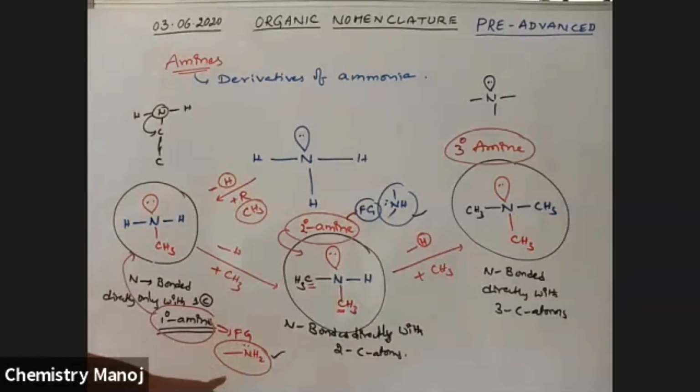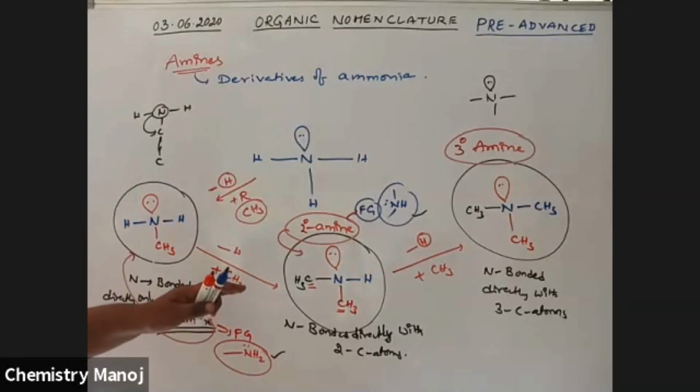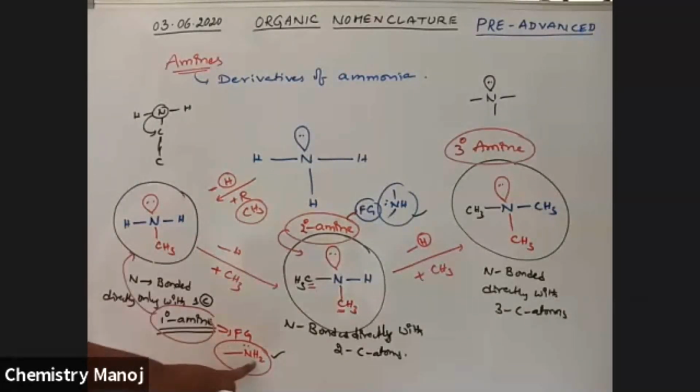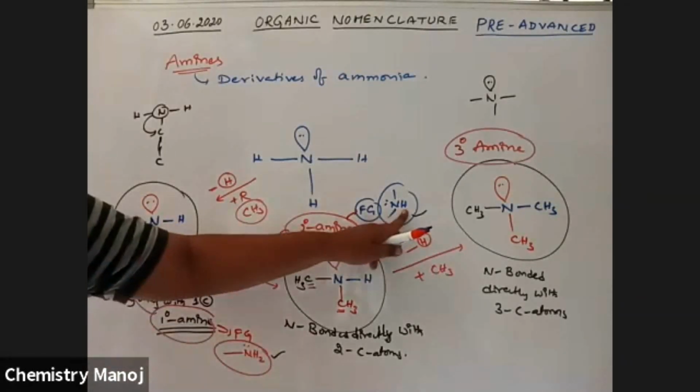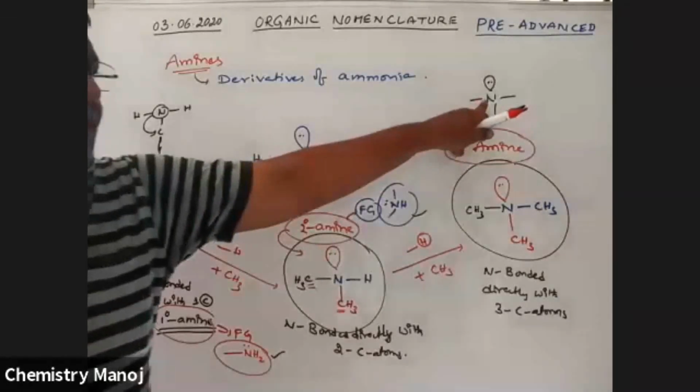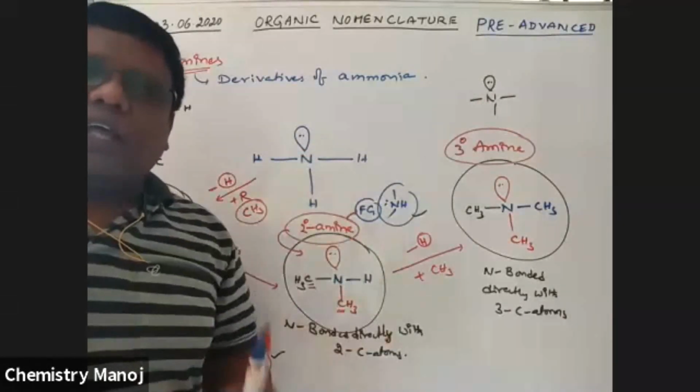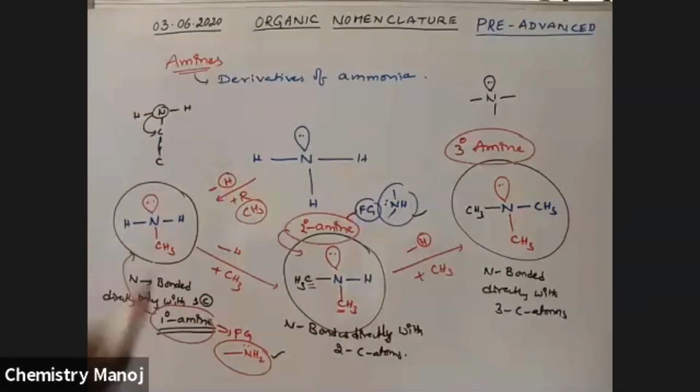Compounds having NH2 as the functional group are considered primary amines, NH secondary amines, and N tertiary amines. Now we are going to take the IUPAC names. How to write IUPAC names for these primary, secondary, and tertiary amines?